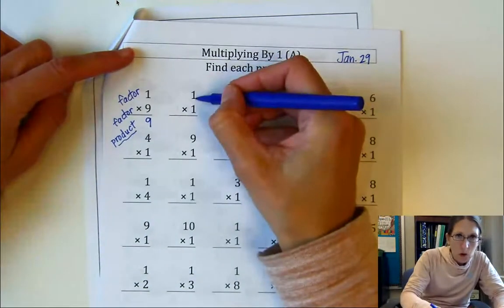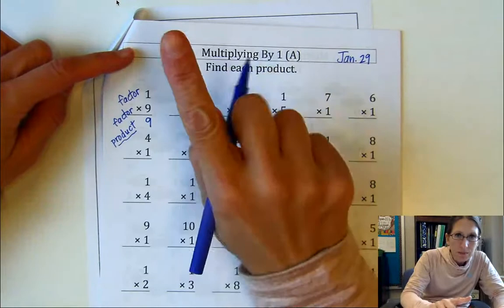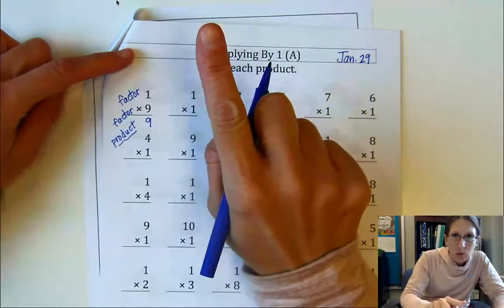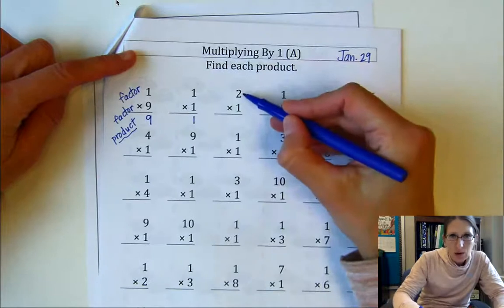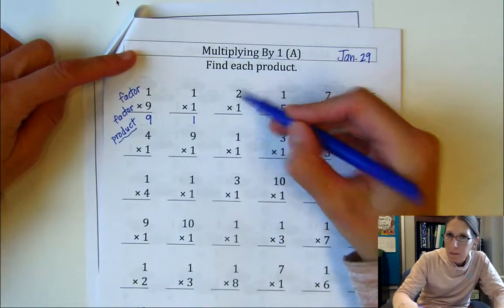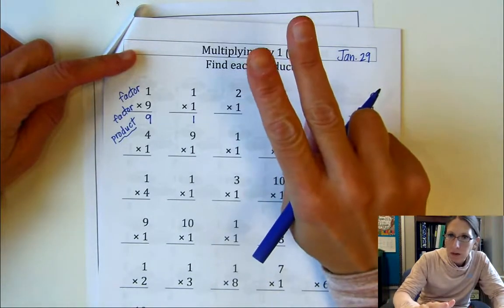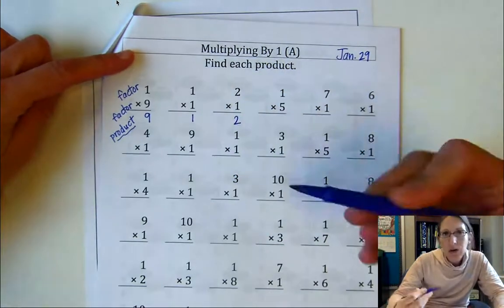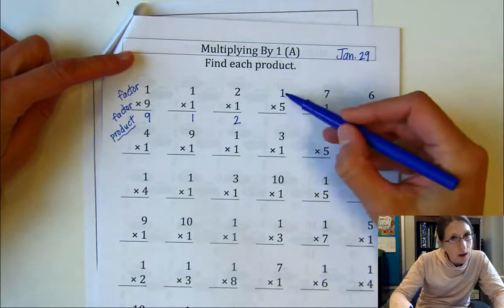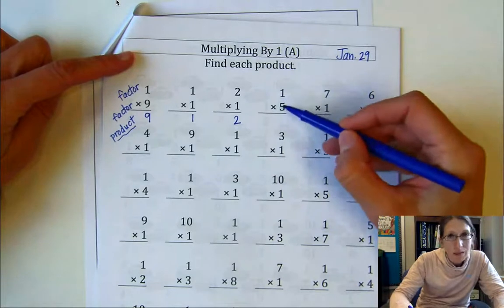If I have the number 1 one time, what do I have? 1. If I have the number 2 one time, I have 2, don't I? So the trick here is any number multiplied by 1 is going to be that number.